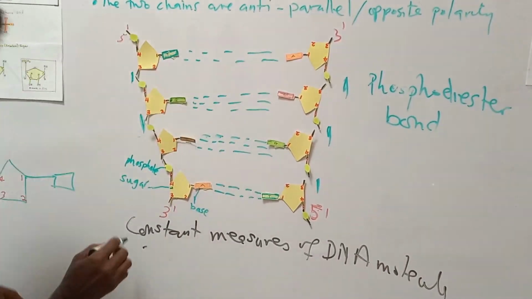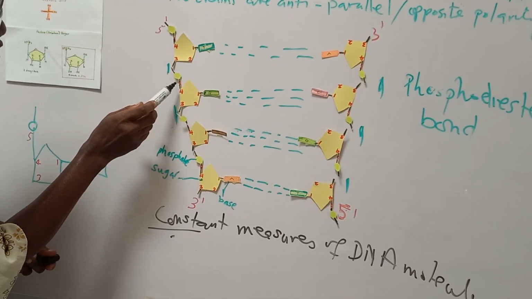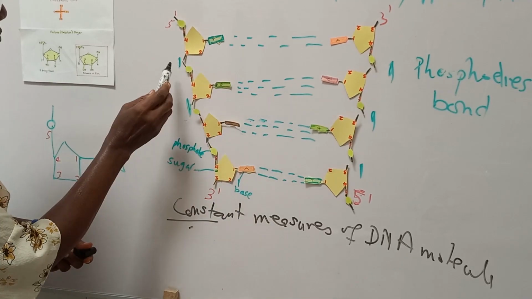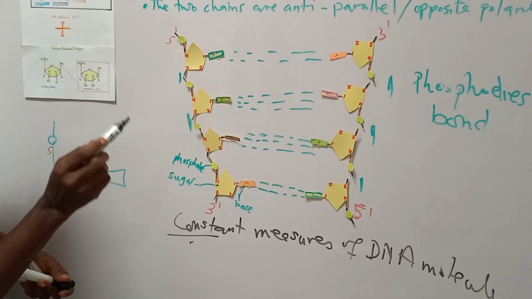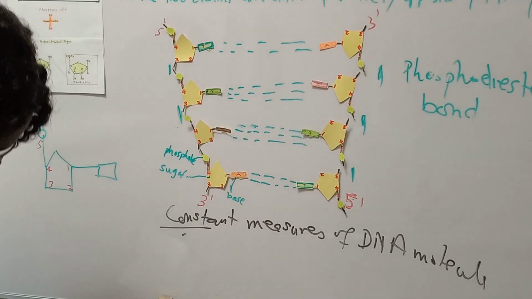And the first one we talk about is that the phosphate is always attached on carbon 5, and there's a phosphodiester bond always between carbon 5 and 3. Besides that, the distance between the two chains is 2 nanometers.